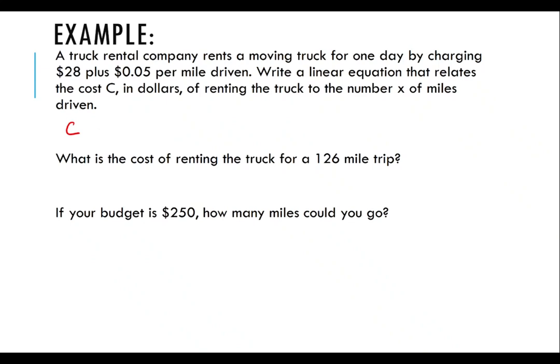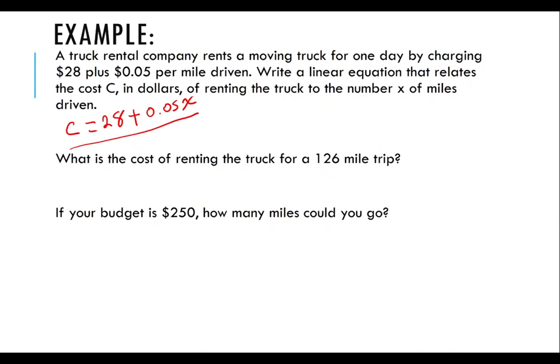C is equal to something times x plus something else. All right? Or that's our hope. So specifically though, how does this thing change? Well, really, if it starts with a cost of $28, the cost is going to equal $28 plus that 5 cents times each mile. And I claim now we have our linear equation.